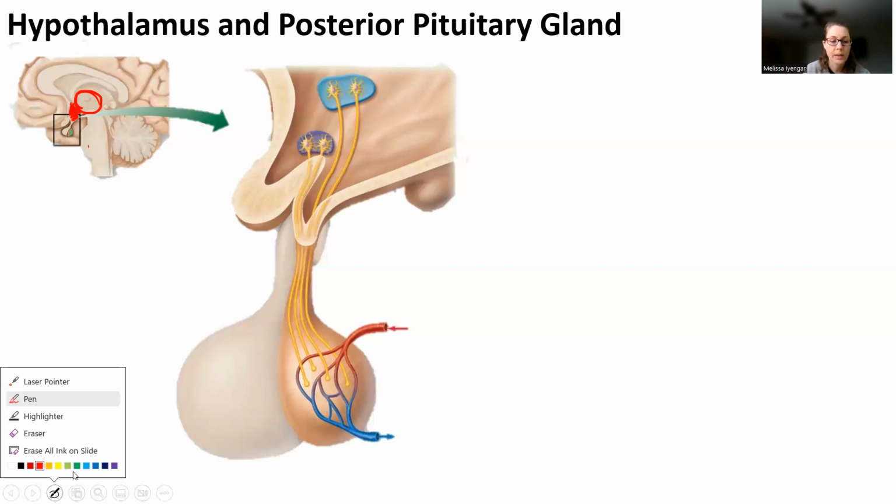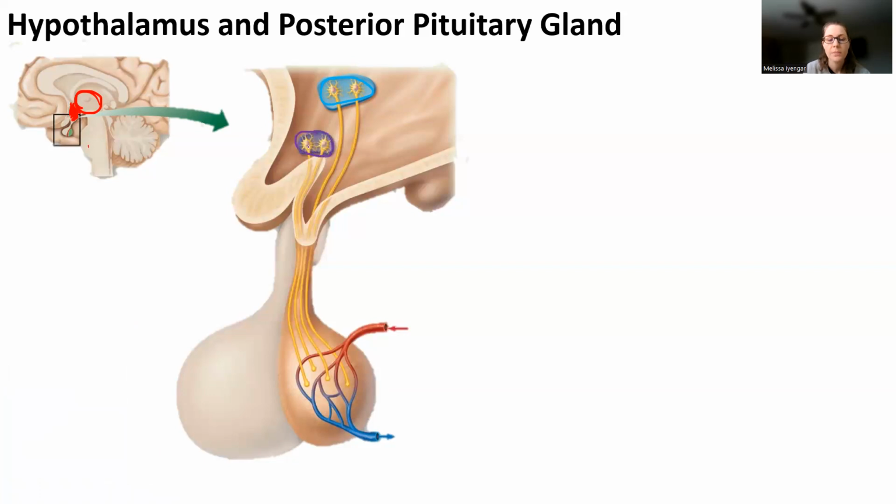So what we see here is in the hypothalamus, you have these neurosecretory cells. So this is one type of cell, and this is another type of neurosecretory cell. It's a cell that's also got a neuron, or a set of neurons, attached to it. And each of these cells is going to make a different hormone. We don't need to know exactly what the cell's name is or what specific hormone each cell makes.